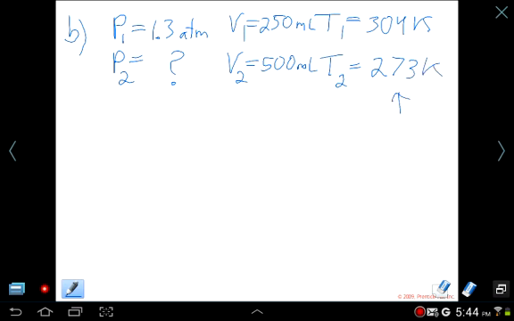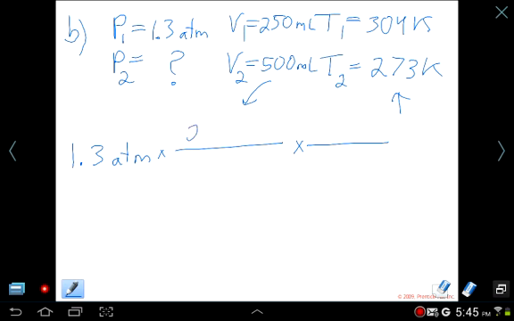And then using the ratio method, our pressure, 1.3 atmospheres, will be changed by both the volume and the temperature. In this case, our volume goes up, increases, so our pressure will have to decrease because volume and pressure are inversely related. This means to make a decrease, we will put the small number on top.